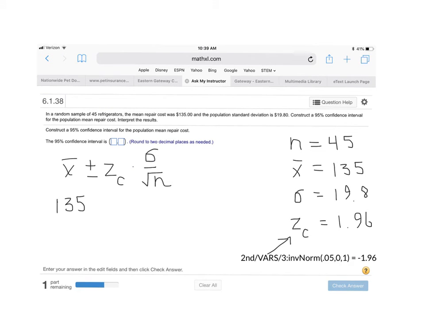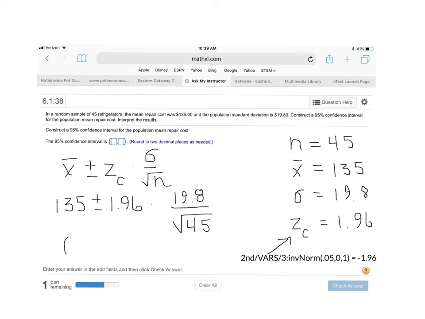We take X bar, which is 135, plus or minus the critical value, which is 1.96, and of course the other is negative 1.96, times the standard deviation of our population, which is 19.8, over the square root of our sample size, which in this case is 45.